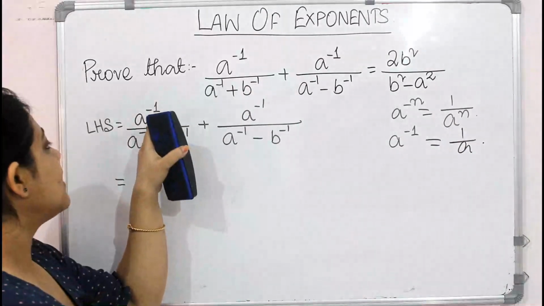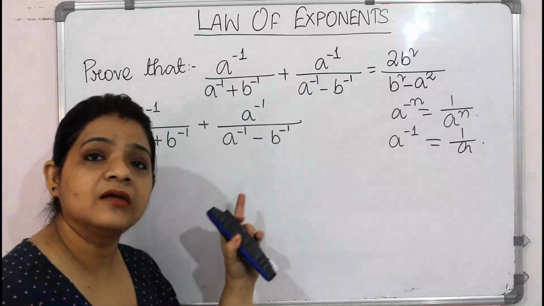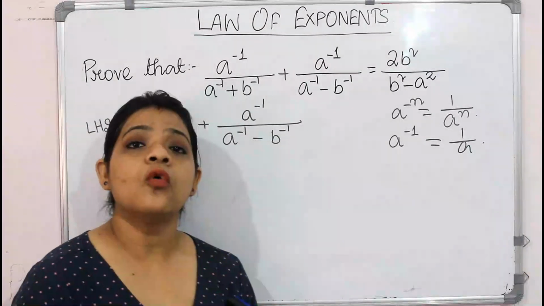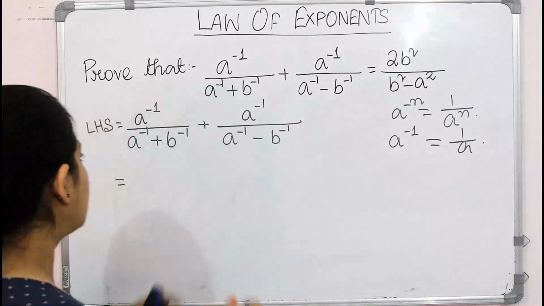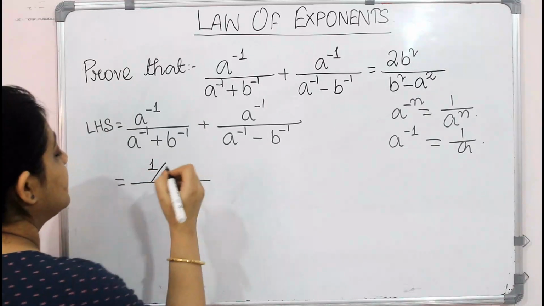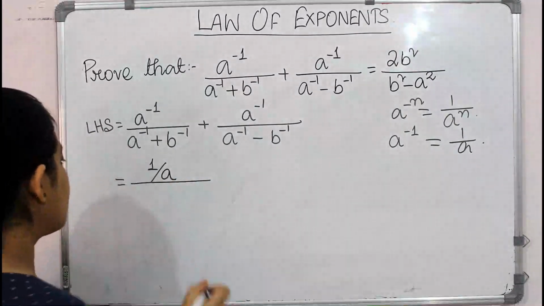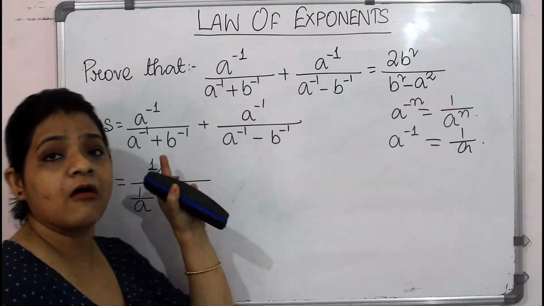So, since a to the power of minus 1 is given, and b to the power of minus 1 is given, you are to replace them with this particular expression. So a to the power of minus 1, straight away I will write as 1 by a. Here also I will write 1 by a, plus b to the power of minus 1.